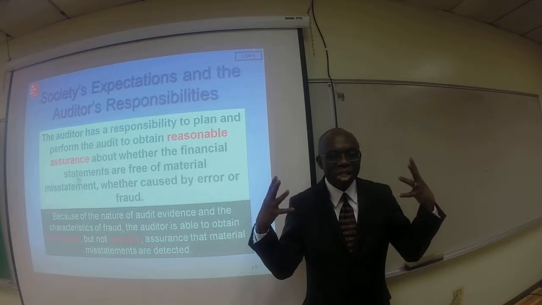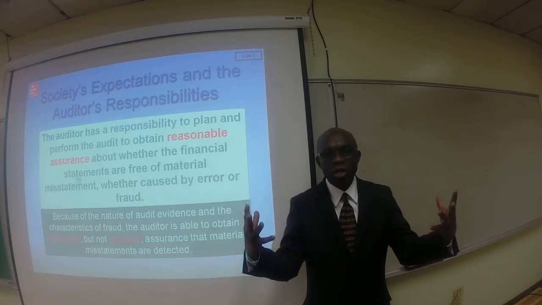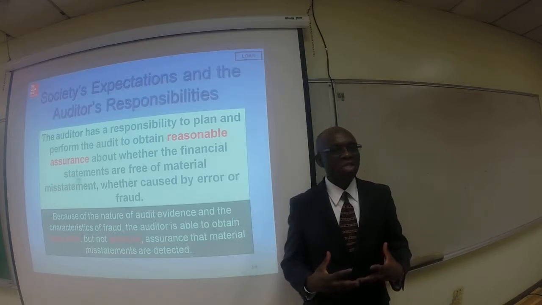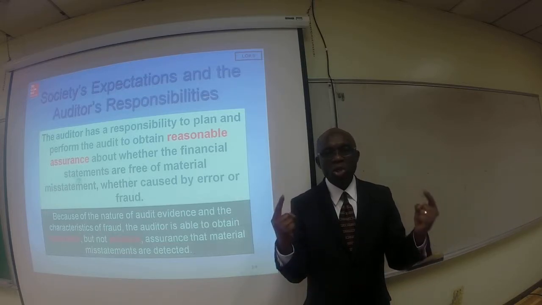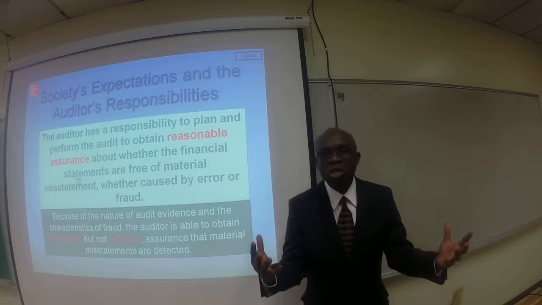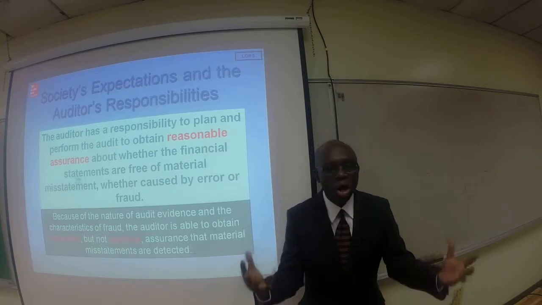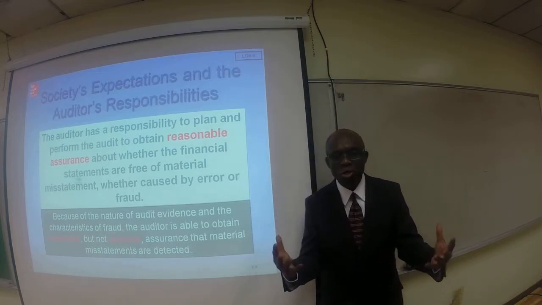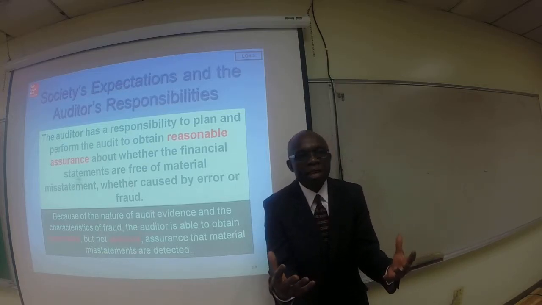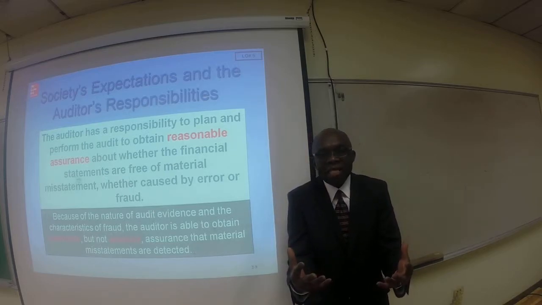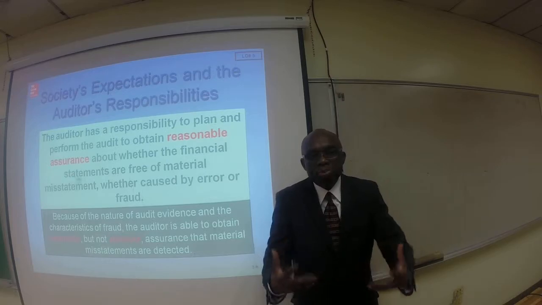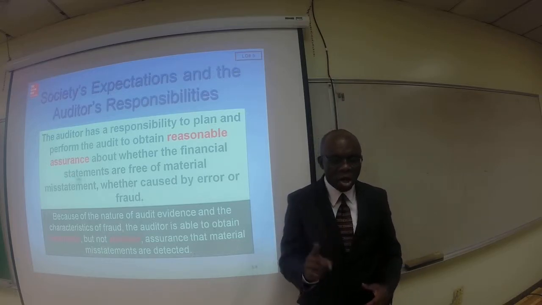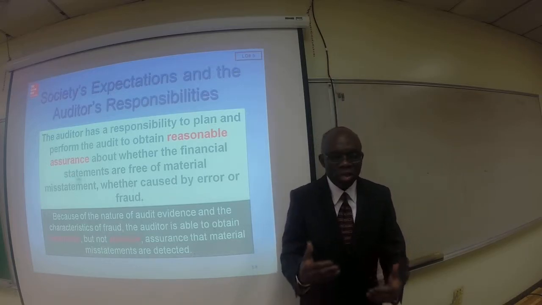But society's expectations are different. So you hear of a scandal and something goes wrong, the first question that the public will ask is, how come the auditors did not catch it? How come the auditors did not catch this fraud? But it is possible that a fraudulent activity would not be uncovered during the audit because of the nature of audit evidence.